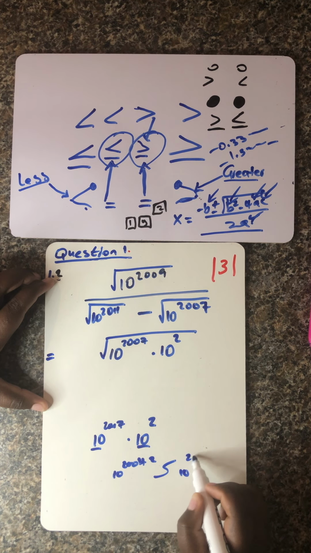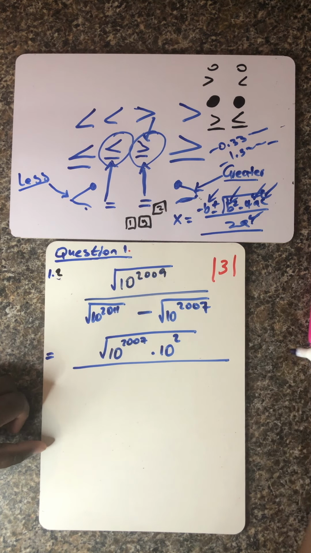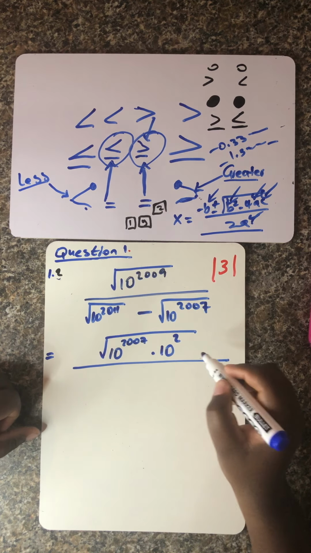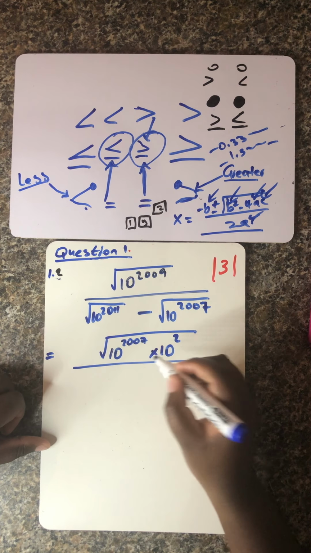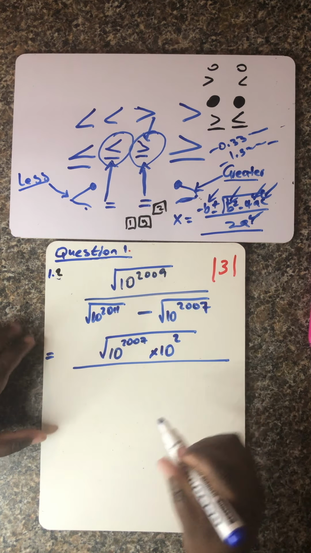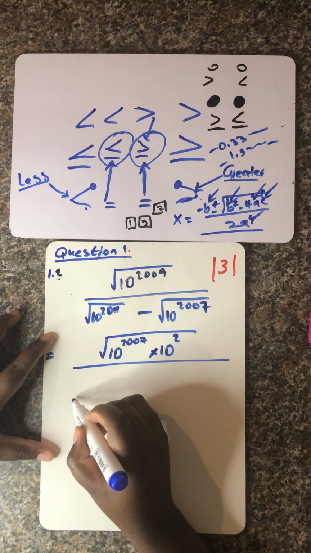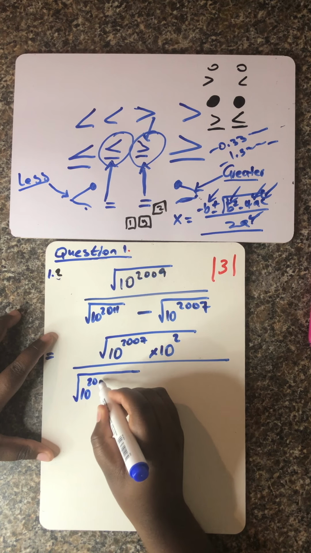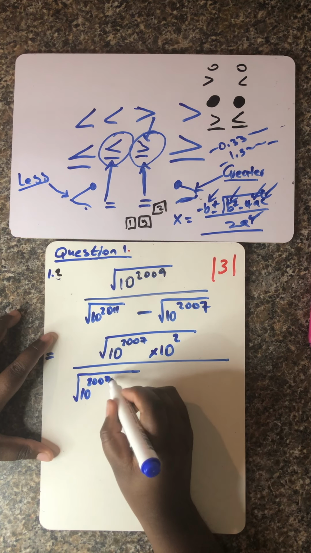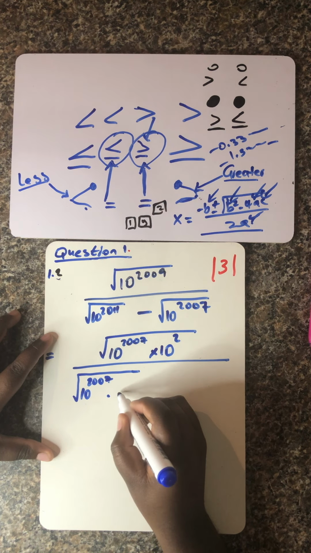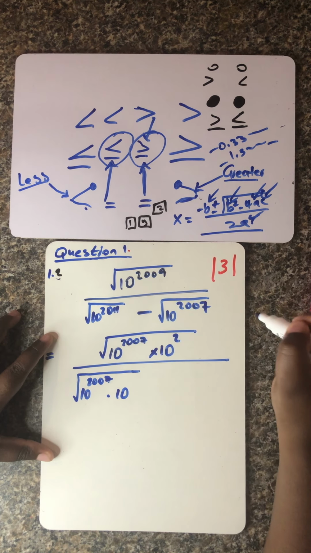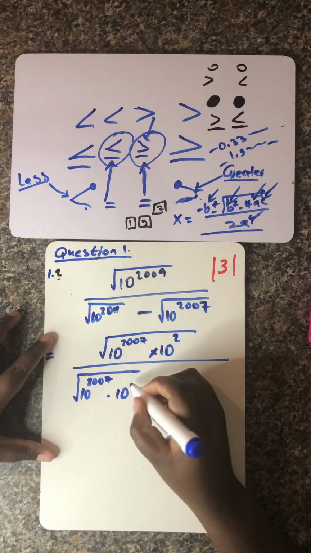So for you to prove if this is correct, punch that on a calculator and punch this on a calculator. Remember, there it's a multiplication sign, and see if you get the same value. So you also do the same here, ladies and gentlemen. It's going to be 10 to the exponent 2007 multiplied by 10 to the exponent what, such that when we add, it takes us back to 11.